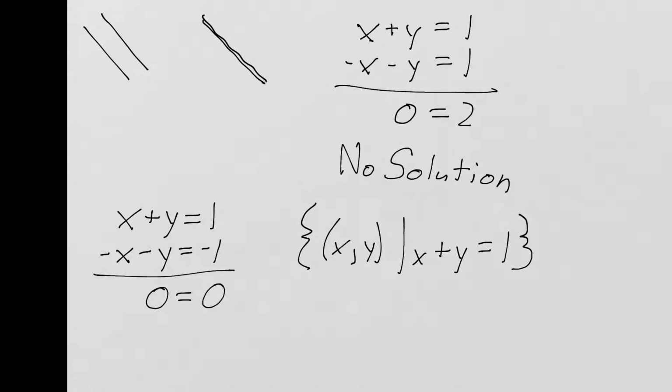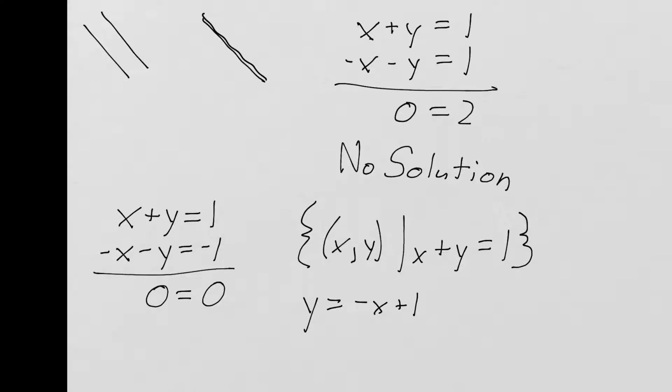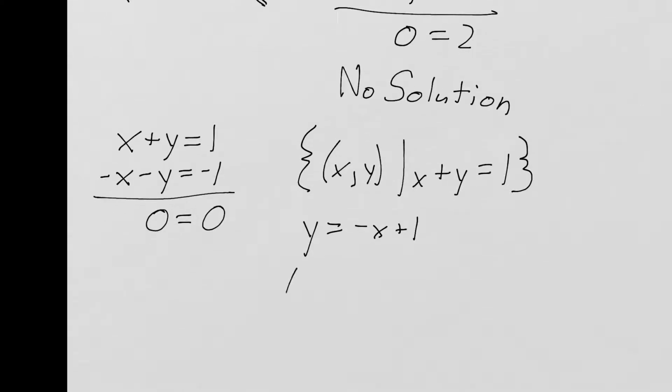However, the way our book does it is we're going to go ahead and solve that first equation for y. So we get y equals negative x plus 1. And then we'll write our solution as (x, negative x plus 1) in that ordered pair format.